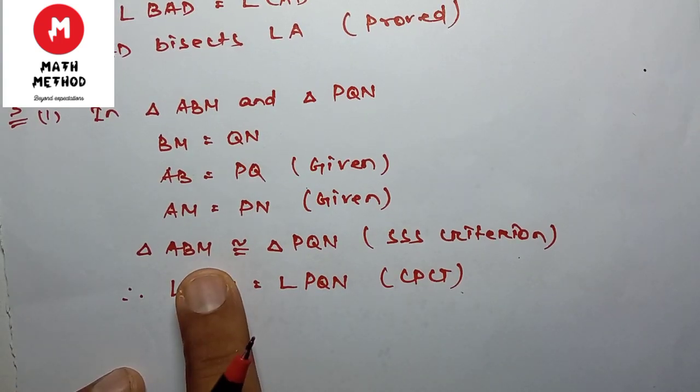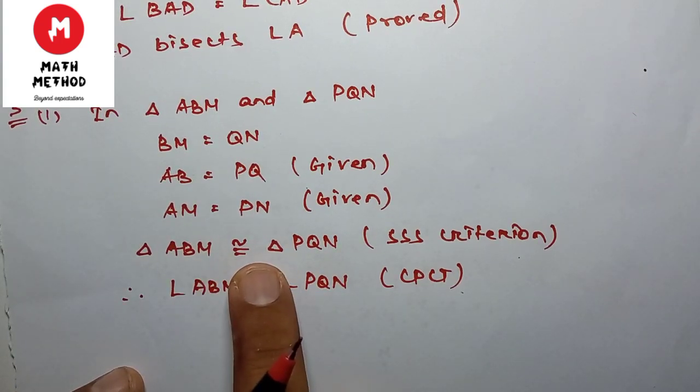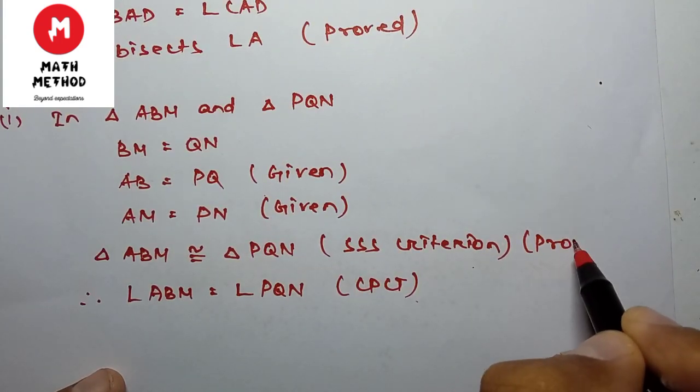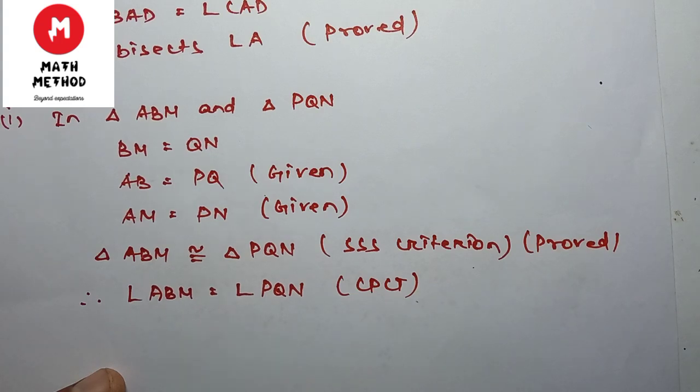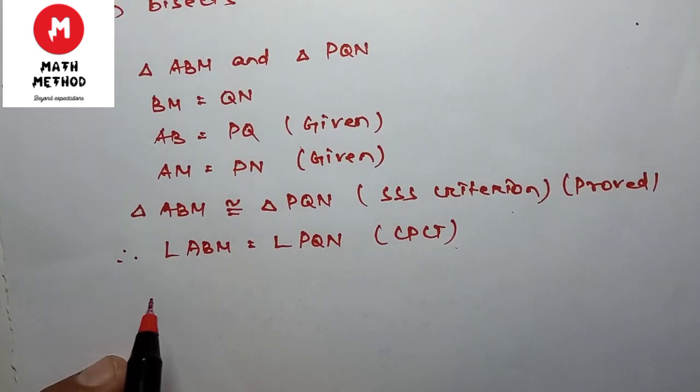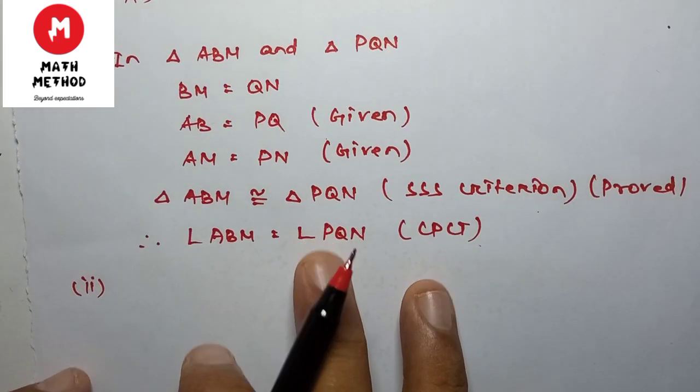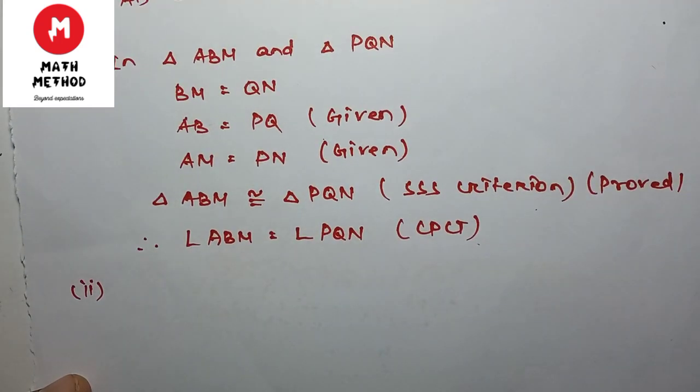So we have to prove triangle ABM is congruent with triangle PQN. This is our proved, and I have taken this as CPCT. Clear? Now come to part 2. Part 2 is we have to prove triangle ABC is congruent with triangle PQR.